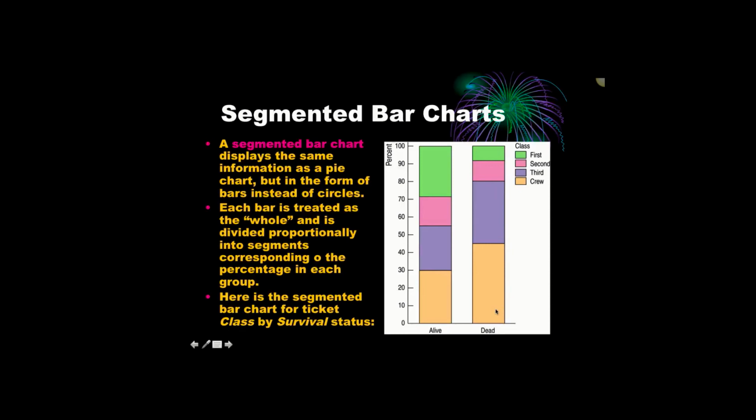When you are comparing two distributions, you want to make sure that each piece is in the same order. So here we had crew member first, followed by third class tickets, then second class tickets, and then lastly first class tickets. You want to follow the same order so you can easily compare them. You also need to make sure that you have a key when you are doing a segmented bar chart, so that you know what each piece of the bar represents.